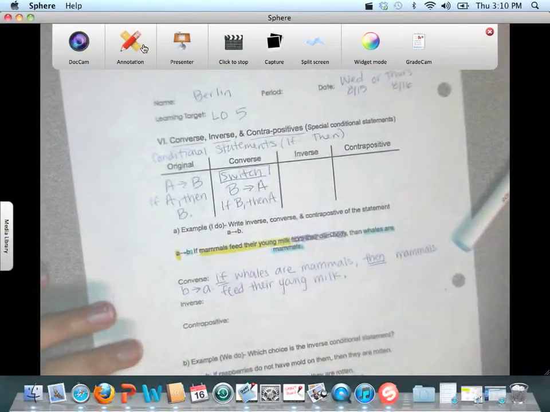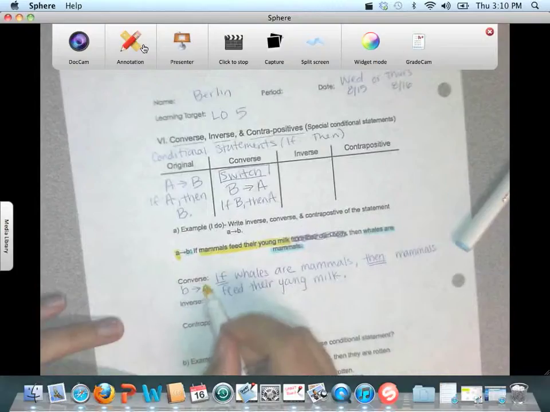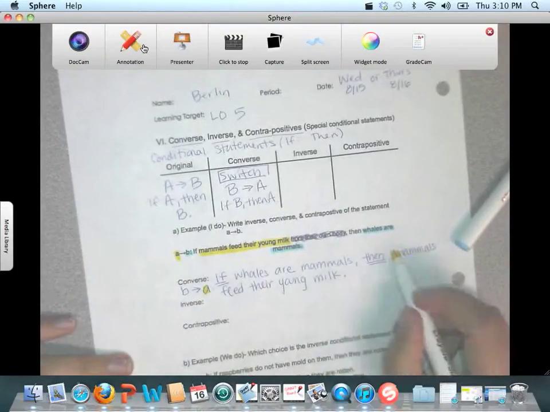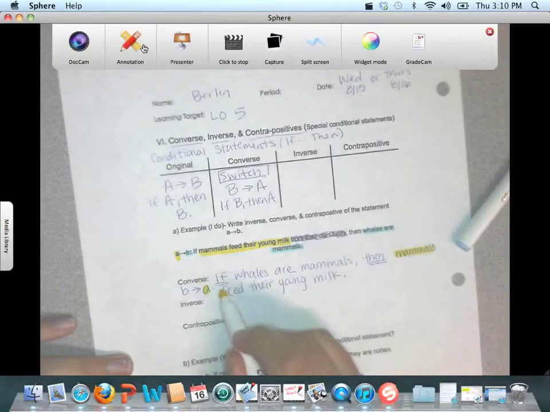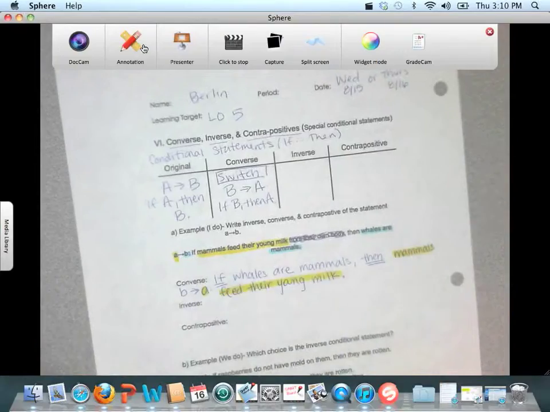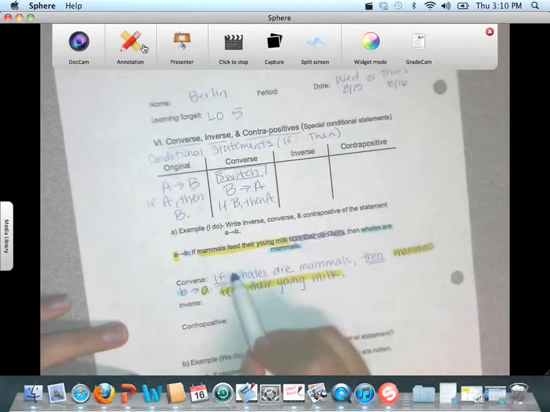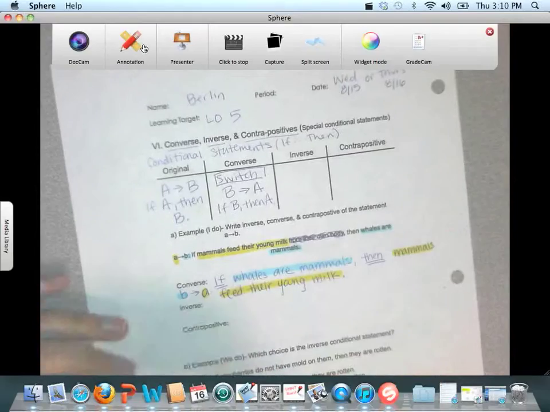So let's use our colors. A is now the second statement, and B is the first statement.